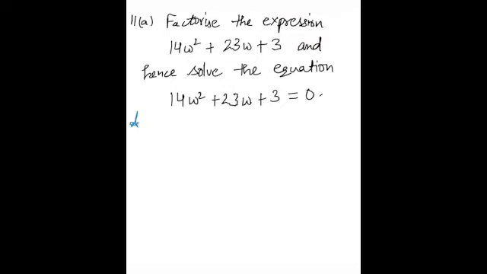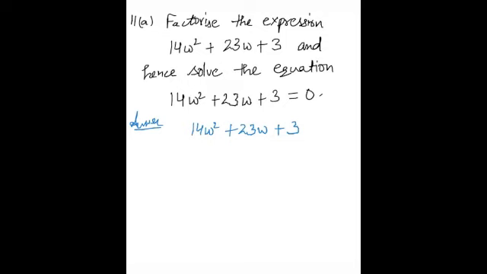So in order to do that, we need to do factorization first. So 14w square plus 23w plus 3. How do we factorize? The method of factorizing is we need to make two components of the middle term, which is 23w, and then we can take commons out in order to do factorization.